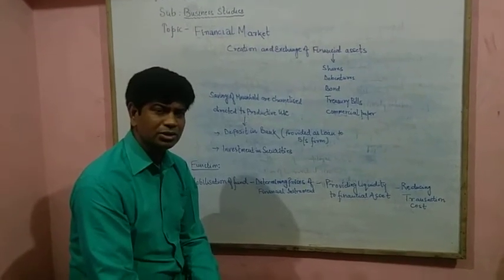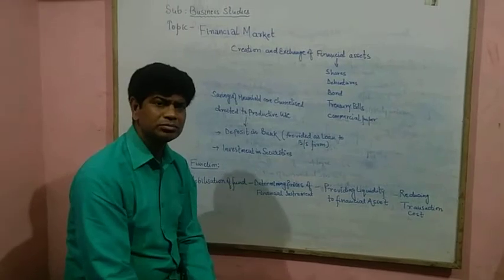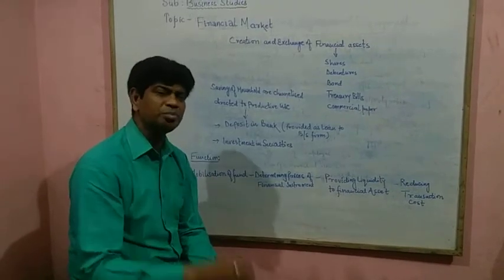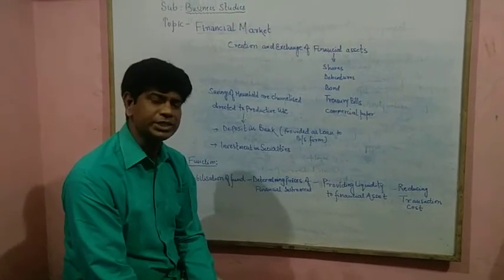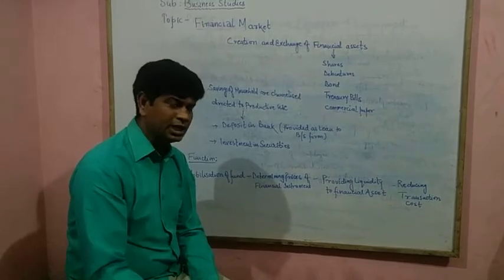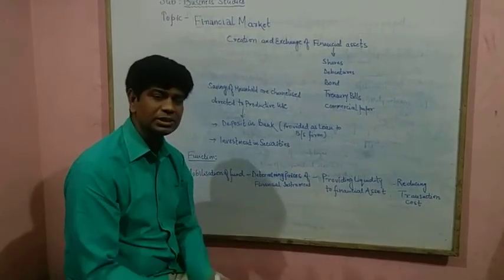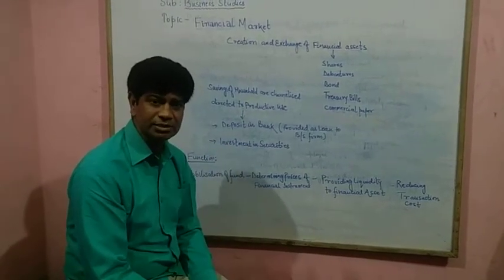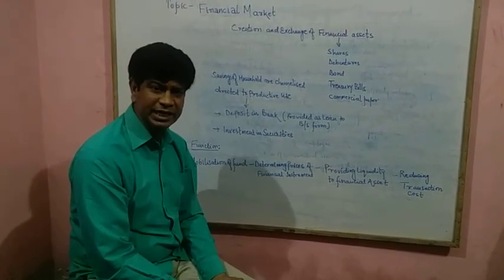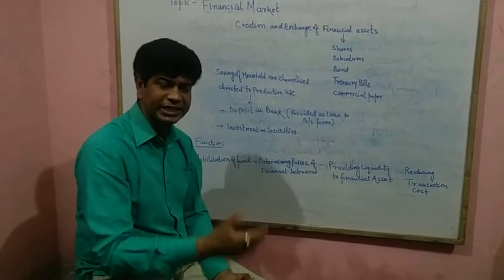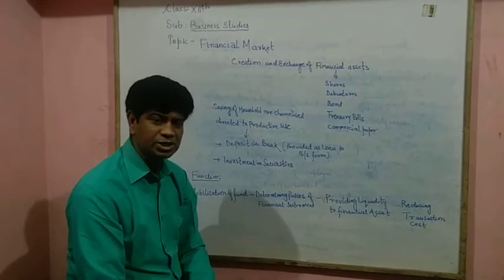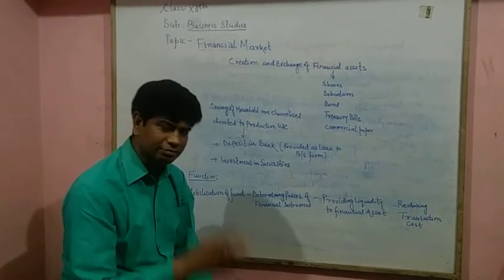They need not pay for any other activities or any other cost except a few percentage in the form of commission to the agents. So the financial market also helps in reducing the transaction cost involved in the exchange of these assets, because the buyers and sellers are readily available in the market, and they need to pay only a commission to the facilitator, the agent who brings in the supplier as well as the acquirer of the fund in the financial market.